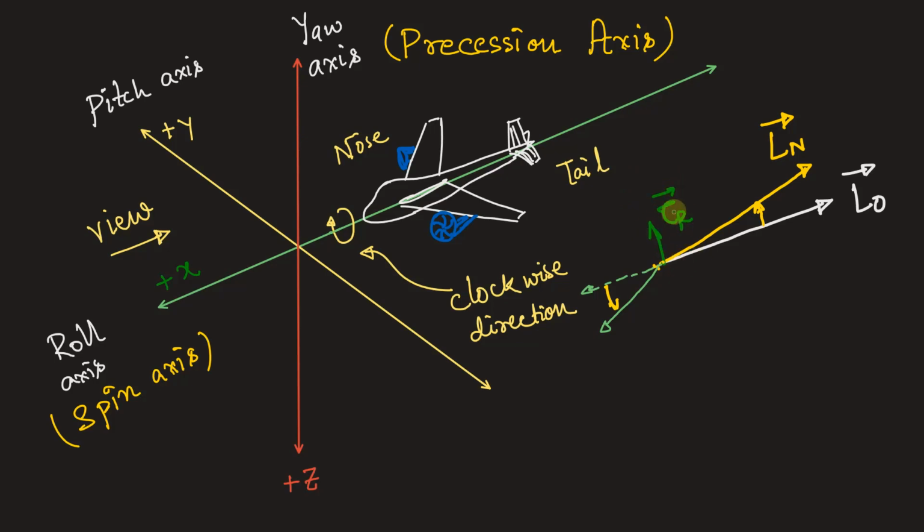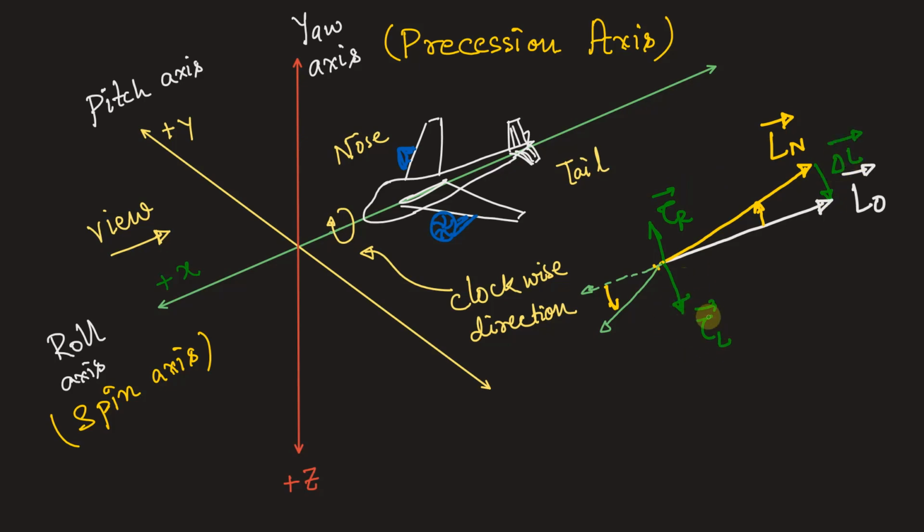And also, since we need to conserve the torque, there will be a torque in the left direction as well. So let's write tau L. Now this tau R is utilized in changing the angular momentum from L0 to Ln, the new angular momentum. So it will adjust this angular momentum in the left direction of the aircraft. So this tau R will be utilized in this change delta L.